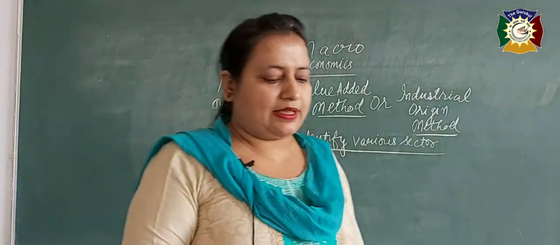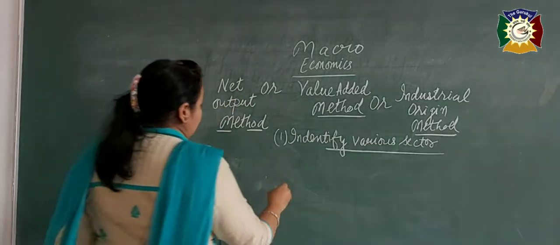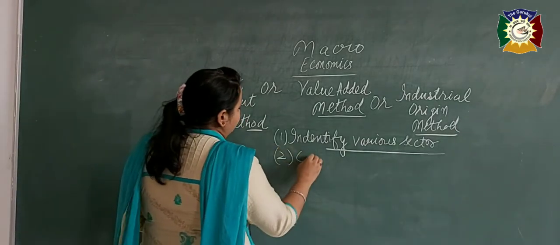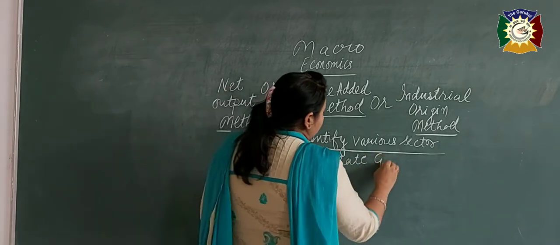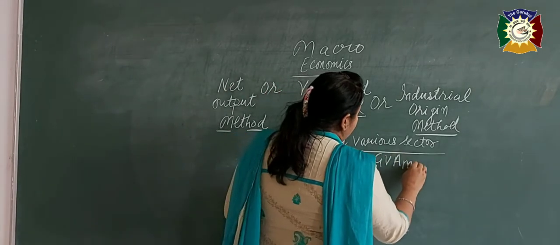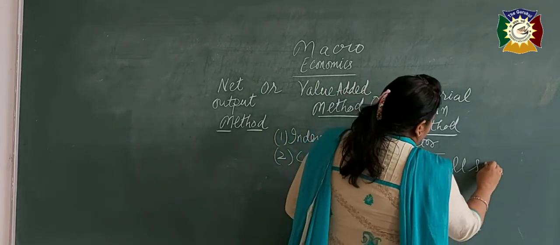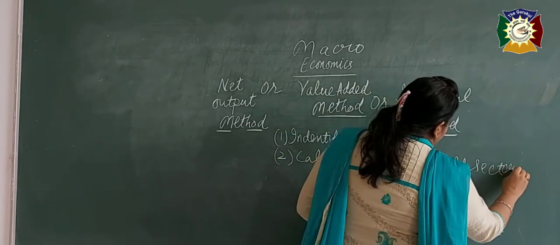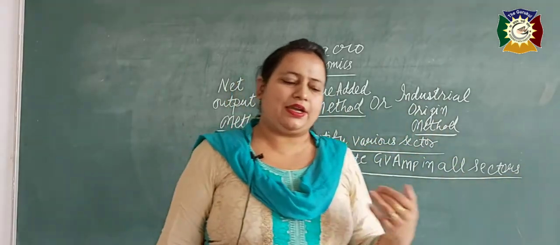Next, I am telling you the method. The second step is to calculate GVAMP in all sectors. Here all sectors means primary, secondary and tertiary.